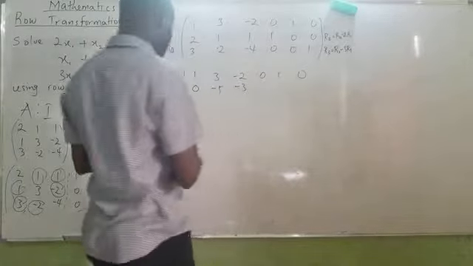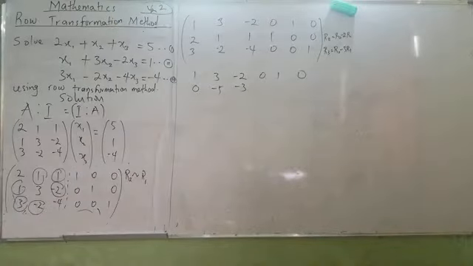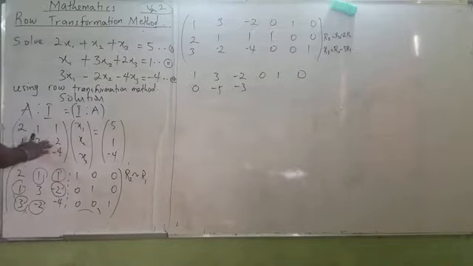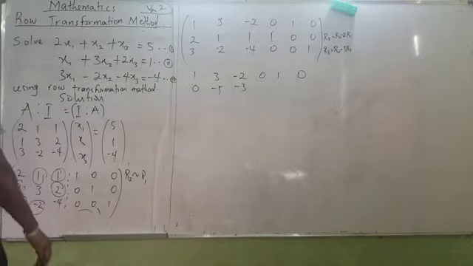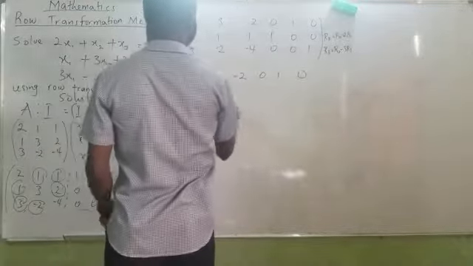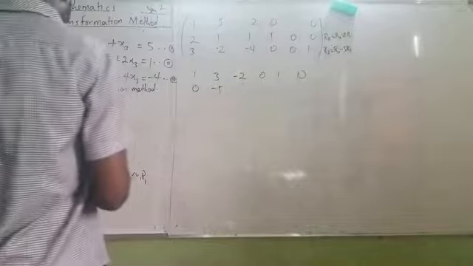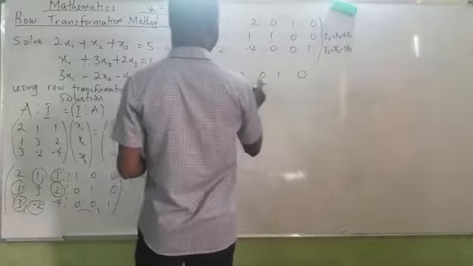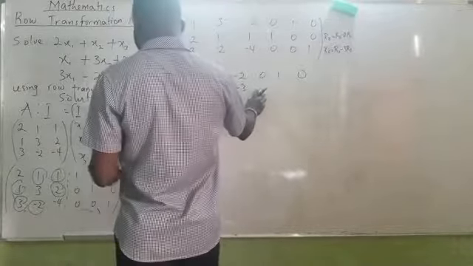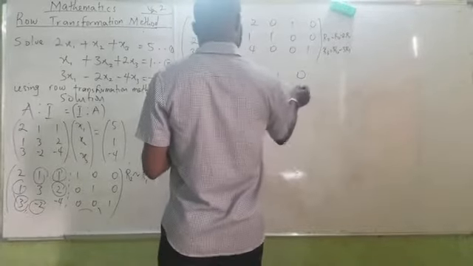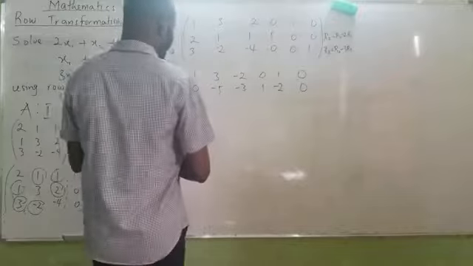Is it 5 or 3? I think it's 5. Sorry, there is some tension now. Here is plus 2, so here is plus. If that is the case, I will be having 3 here, minus 3 here, and here will be 1, and here will be minus 2, and here will be 0. Okay, sorry for that mistake.